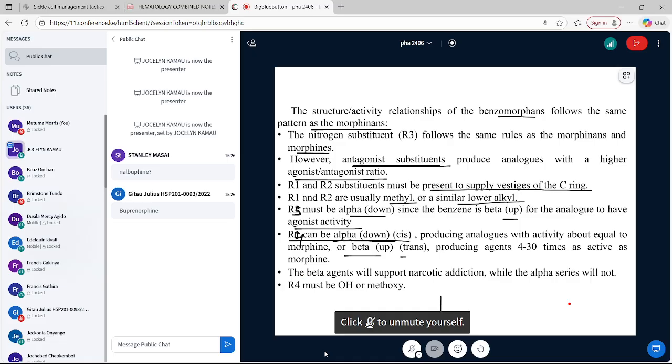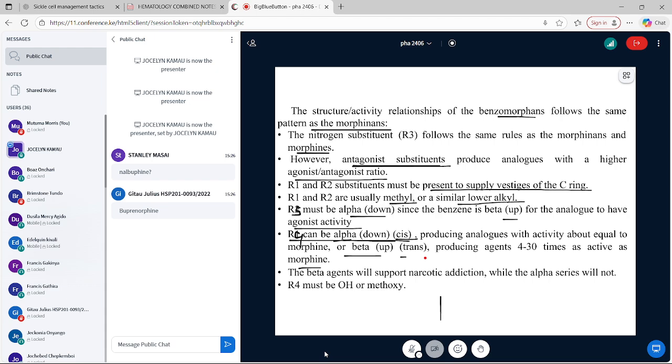So all we are saying here, it's important to note that the methyl group or the alkyl group at position 9 can change. It can either carry the alpha orientation or it can carry the beta orientation. And we are saying the beta is the up, the alpha is the one facing down. When it is facing down, we call it the cis. And when it is facing up, we call it a trans.